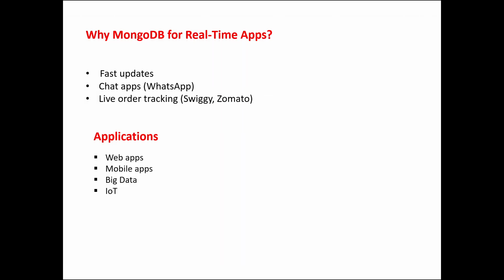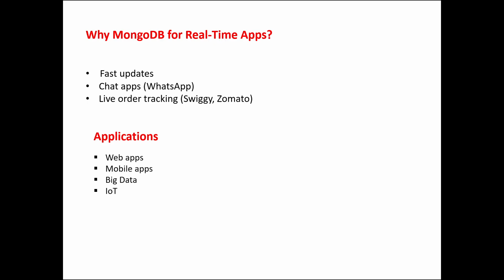Next, MongoDB is used for many real-time apps. For example, WhatsApp, Zomato, Swiggy. These companies use MongoDB for databases because it has fast updates.